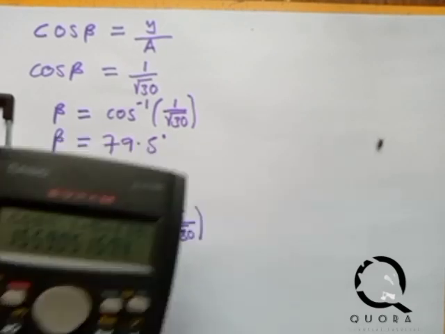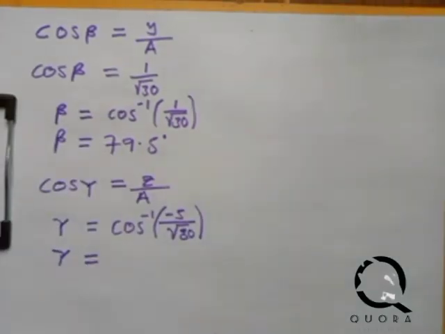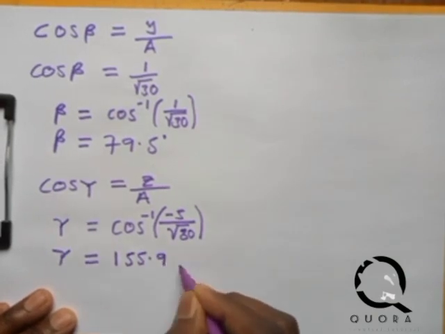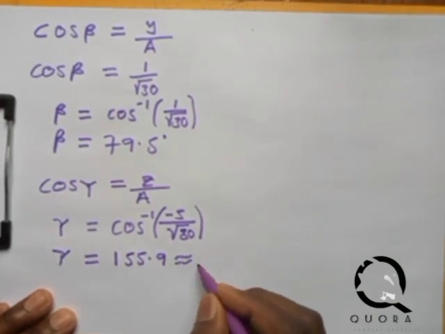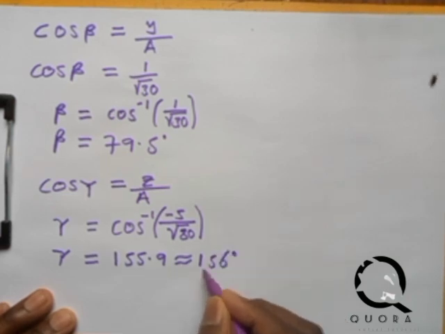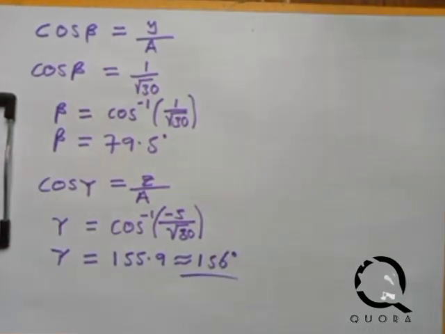If we round off this answer, we are going to get 156 degrees. That's how we find the angles for three-dimensional vectors.